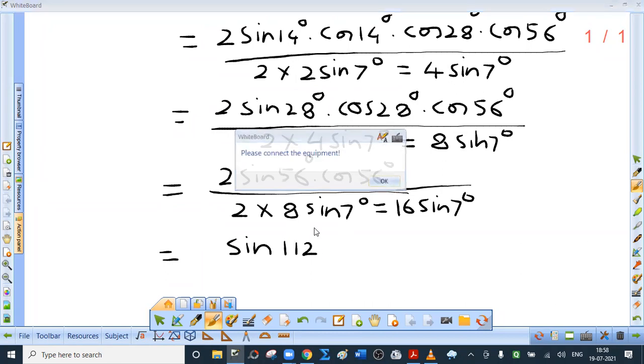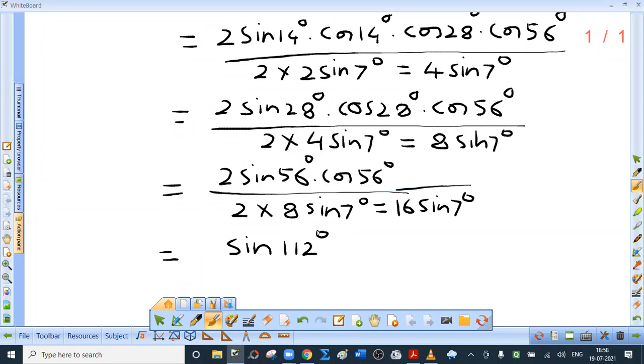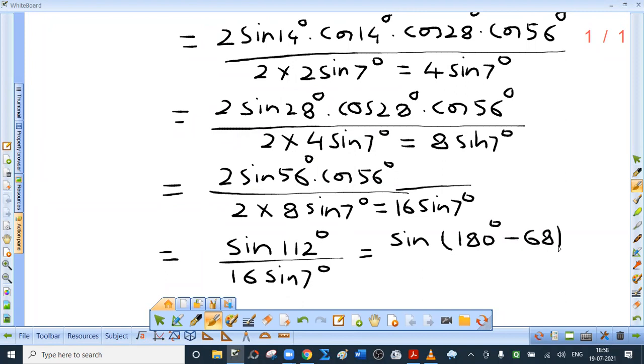So sin of 112 degree. Denominator as it is, 16 sin 7 degree. Is this the required answer? No. So can I write angle 112? This is the complement of which angle? 68. See, I have written the same angle, but in a different form.